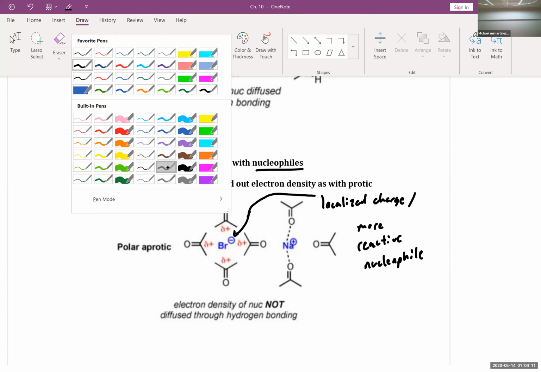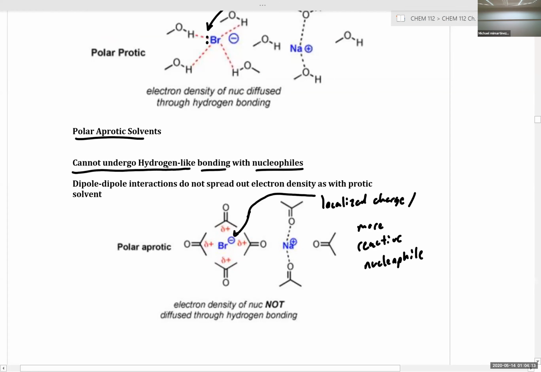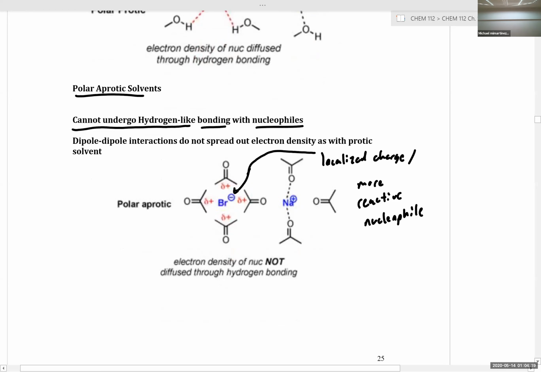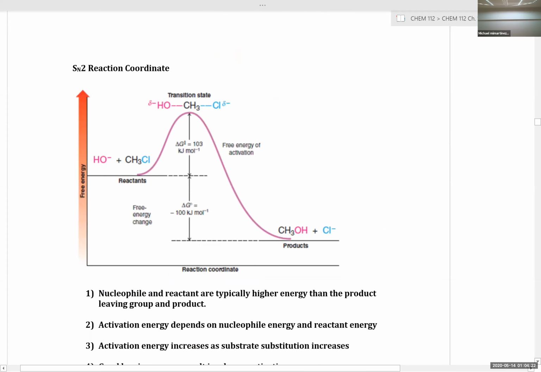Let's talk a little bit about how all of these effects tie into our energy diagram for each of these different reactions. So looking at the SN2 reaction coordinate, we have our reactants, we have our transition state, and we have our products.